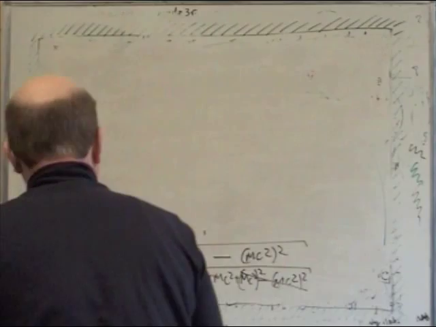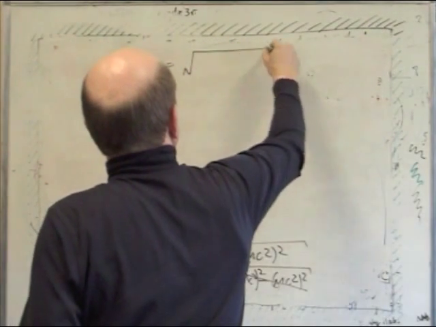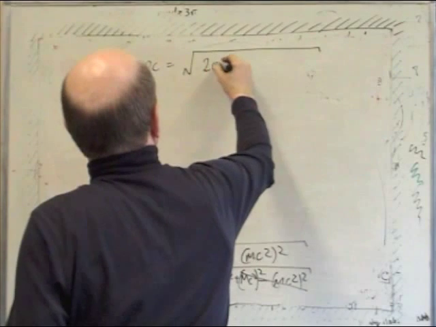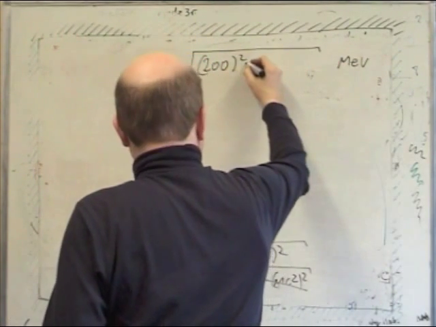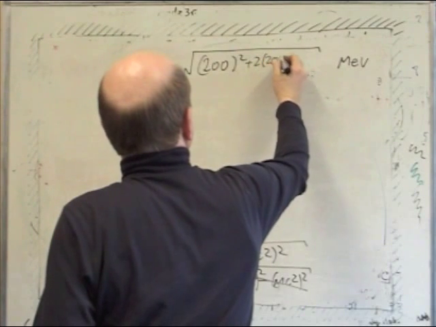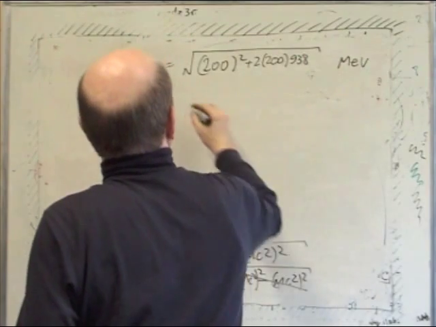For the proton, Pc is the square root of the kinetic energy squared, which is 200 squared in MeV, plus 2 times 200 times the rest energy, mc squared, which is 938 MeV.